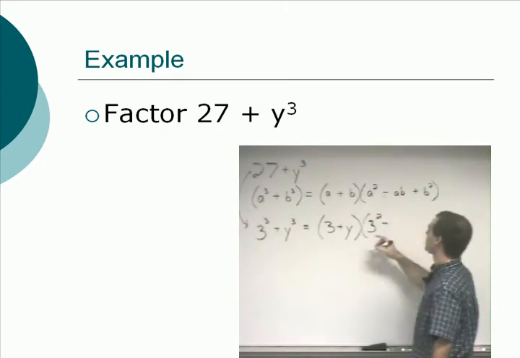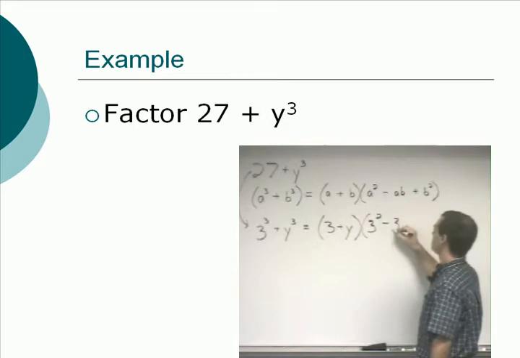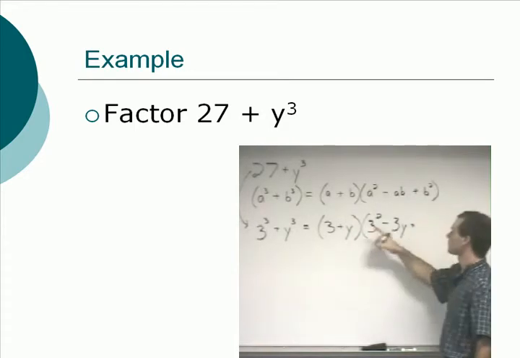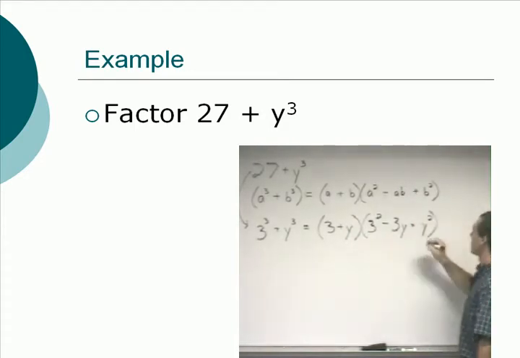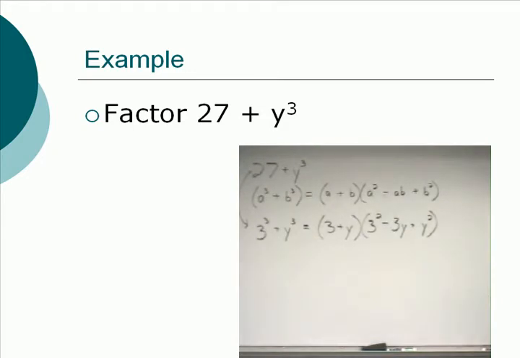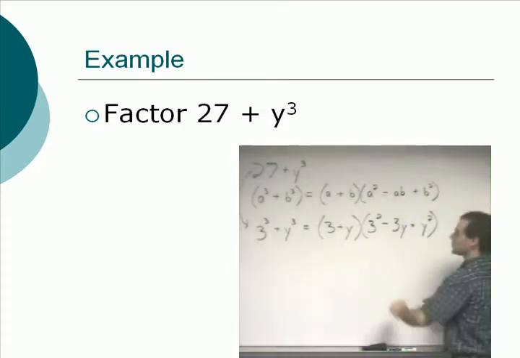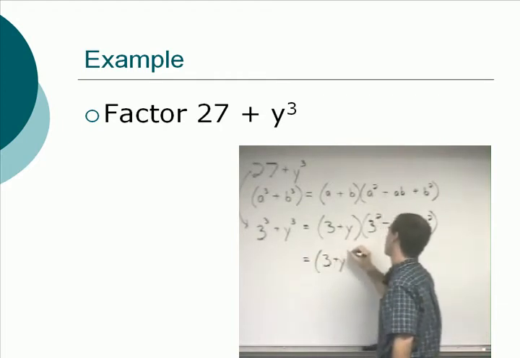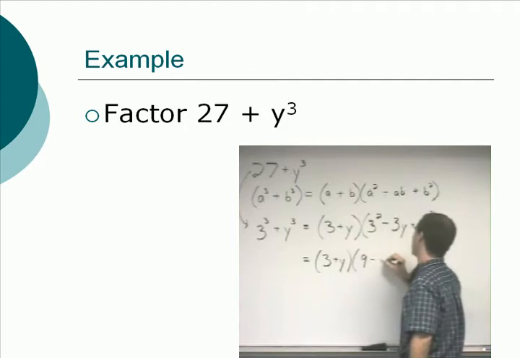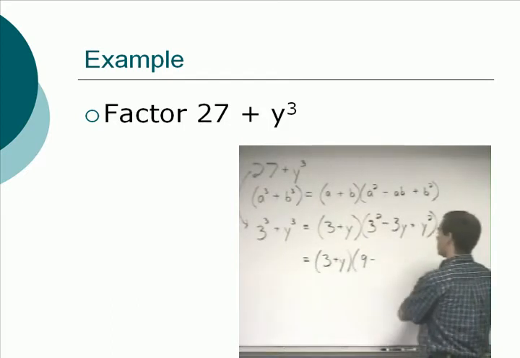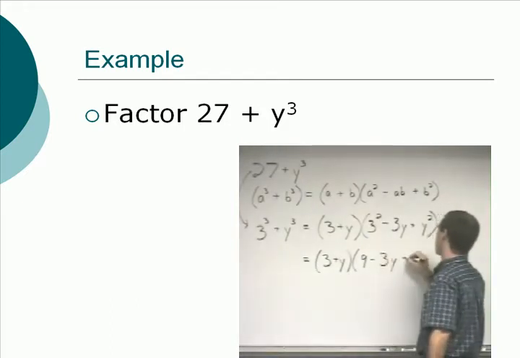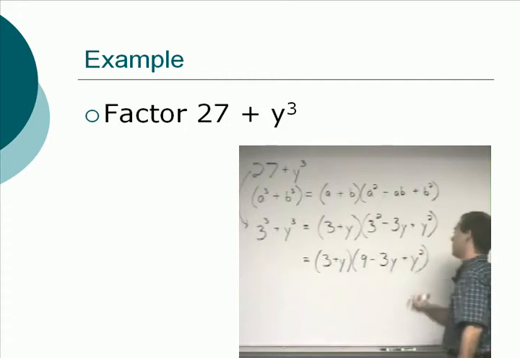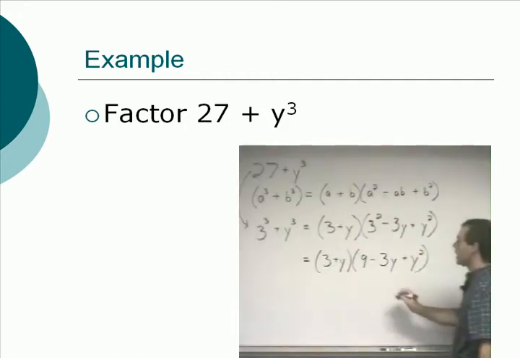Then 3 squared minus 3y plus y squared. Now that's factored, but you should simplify a pinch. The only thing you can simplify is the 3 squared. So we would rewrite this as 3 plus y times 9 minus 3y plus y squared. That is factored.